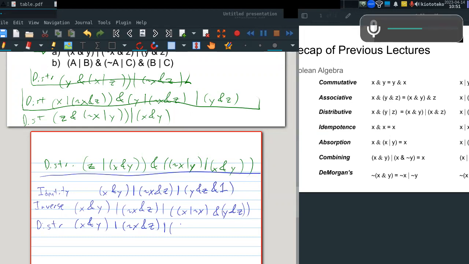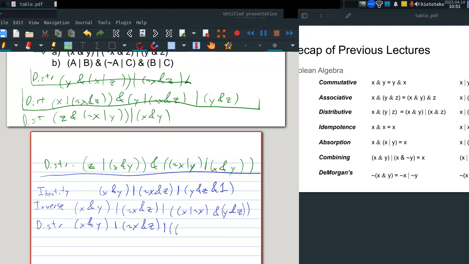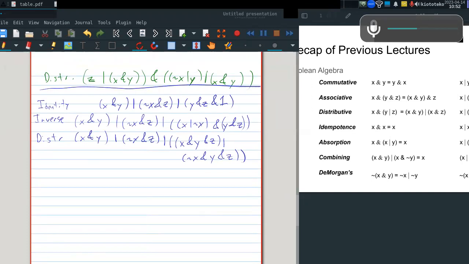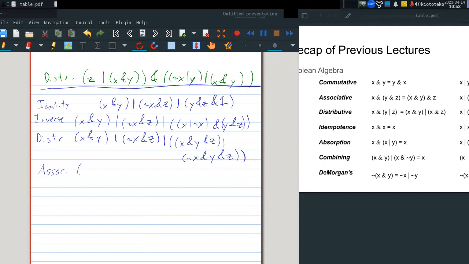So you would have, yeah, X and Y and Z, or not X and Y and Z. Okay. Now by association, we can remove these parentheses and have our formula this way.